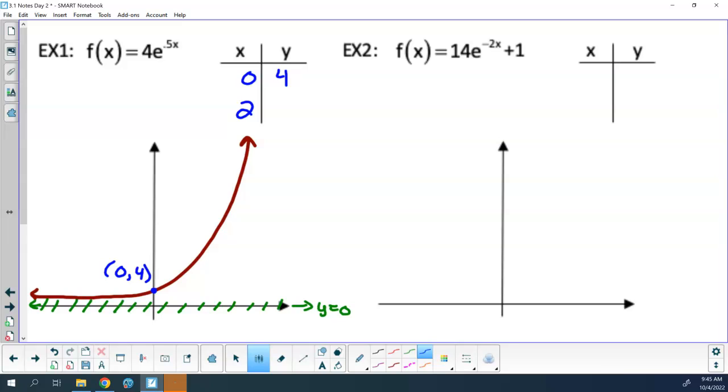Okay? 1/2 times 2 is 1. e to the first power is approximately 2.7, right? 2.7 times 4 is approximately 10.8. Okay?